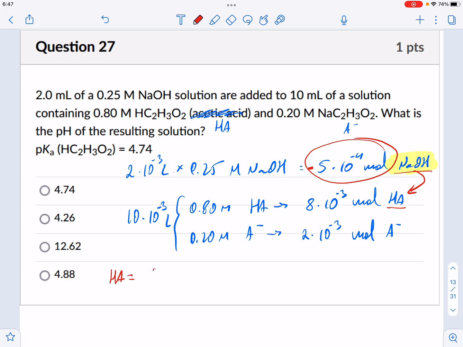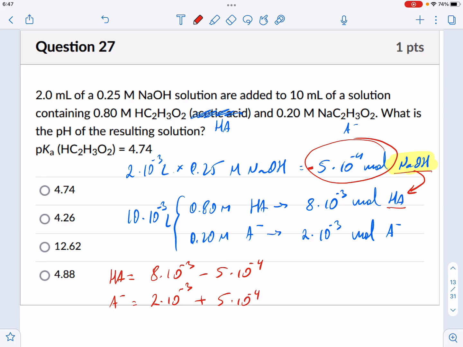HA will be 8 × 10^-3 minus 5 × 10^-4, the number of moles of the sodium hydroxide that you added, and A minus will be 2 × 10^-3 plus 5 × 10^-4.